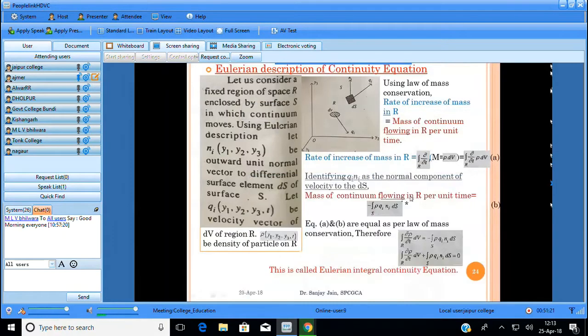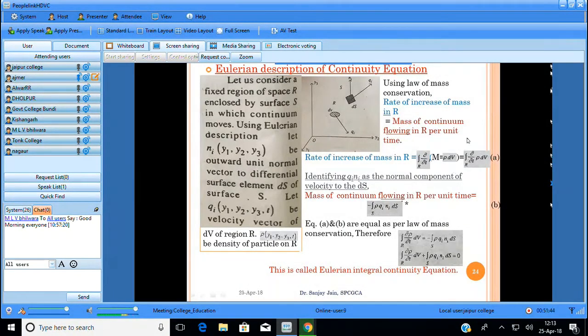Now this is clear to you: rho q_i n_i dS with a negative sign. Why does this negative sign come? Inside to outside. So this is the rate of increase in mass, and this is the mass through the surface element dS.